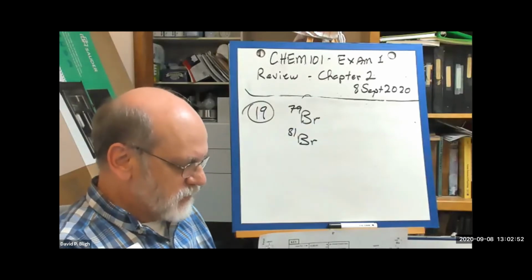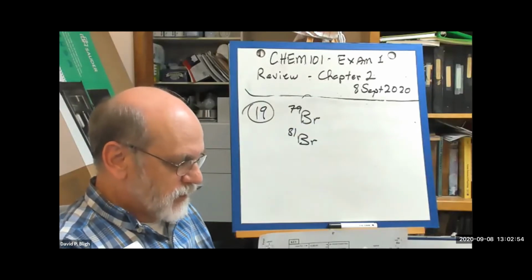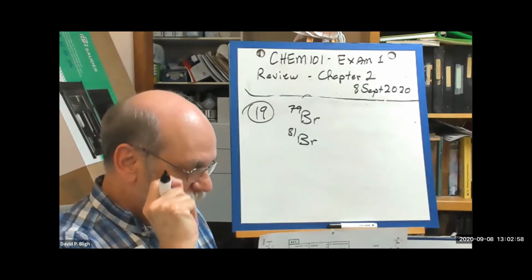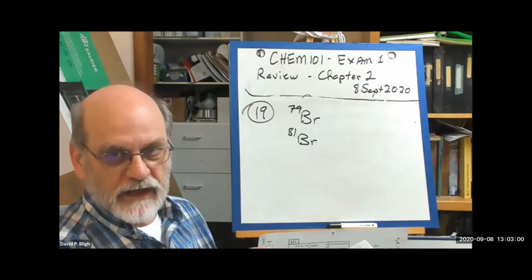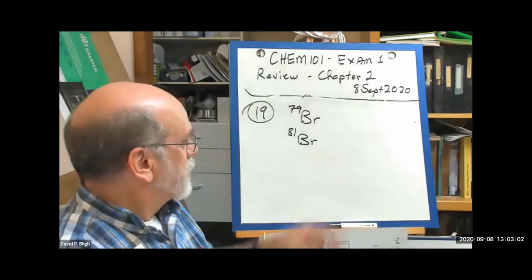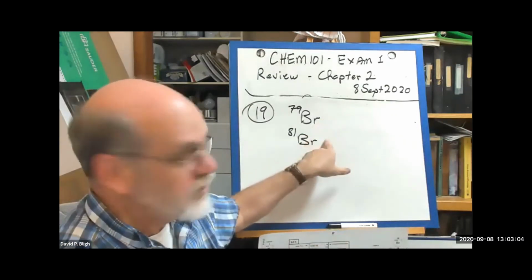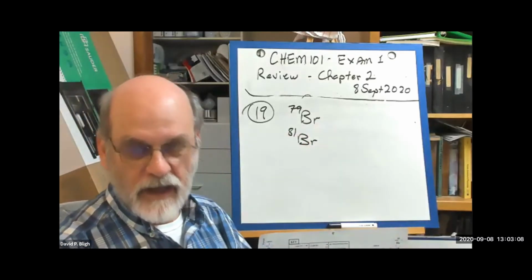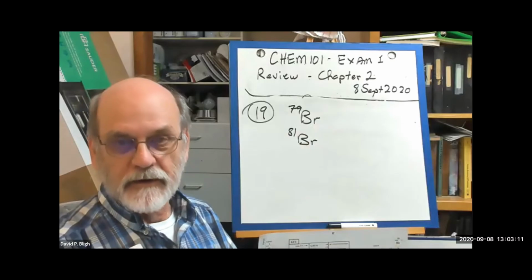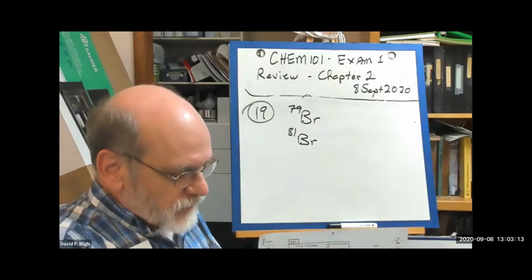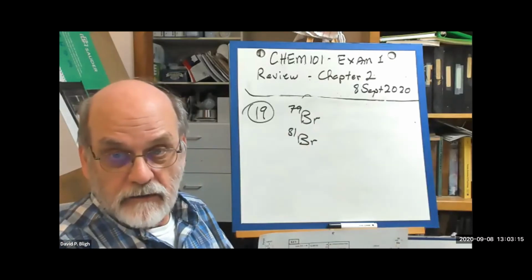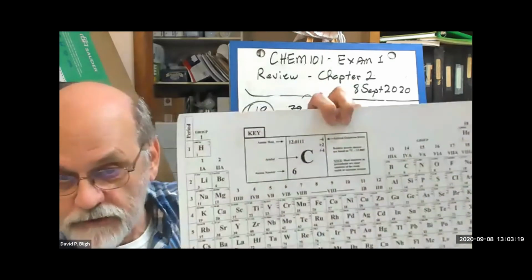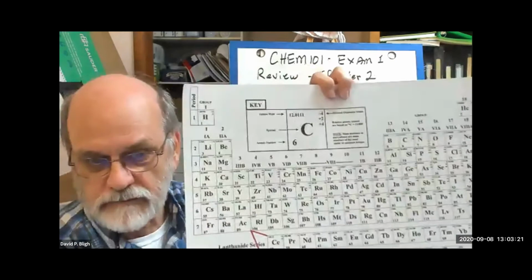So the choices here are asking you, for this atom, how many protons, neutrons, and electrons are there? Well, if there's no sign here, then you know it's a neutral atom, right? So the protons equal the electrons. So all I have to do is find out how many protons. That value is not given here. You have to look it up, right? That's what the periodic table is for. So where's bromine on this chart?